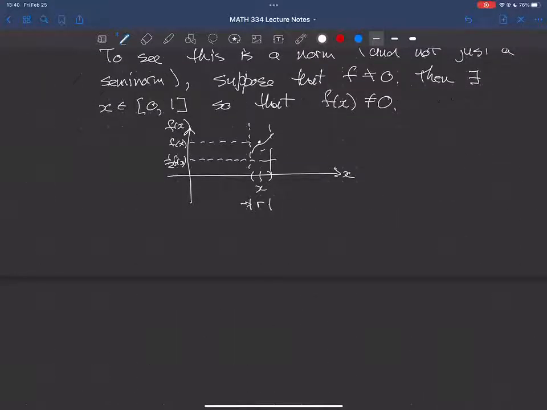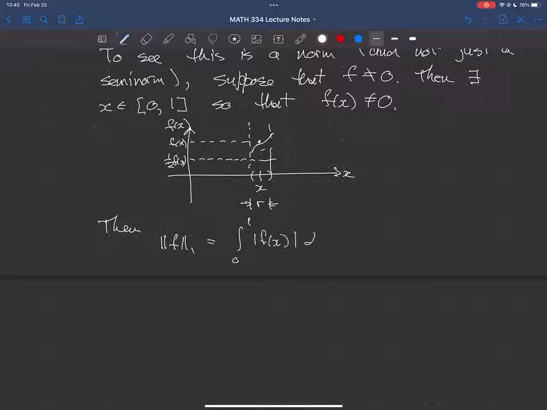And so what do I have? I have that the one norm of f is the integral from 0 to 1 of the modulus of f of x dx. Okay, and this is going to be greater than or equal to the integral from x minus r over 2 to x plus r over 2.